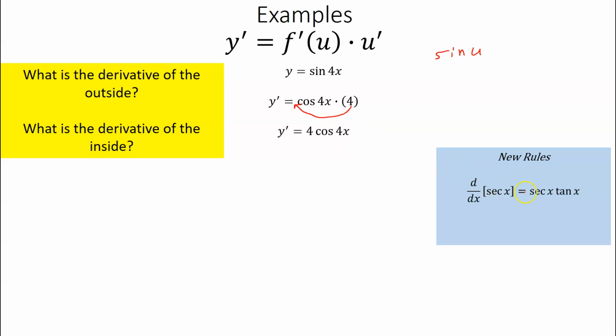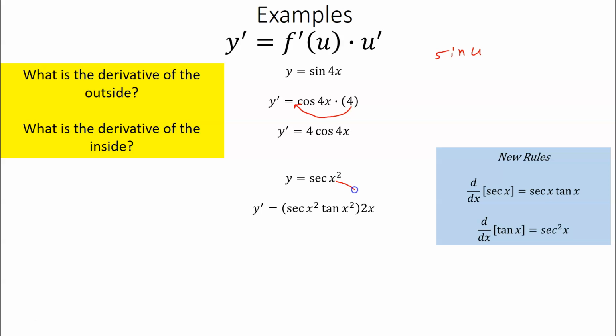All right. I actually think I gave these to you before, but I'm not sure. The secant, in fact, I know I did. We have the derivative of secant and the derivative of tangent. I'm just going to throw those out here because I'm going to use them in a second. Okay. Here's my function. Y is equal to secant x squared. The inside and the outside. Okay, it's not secant squared of x. It's the secant of x squared. Okay, so the derivative of the outside is the secant, the inside is the x squared.